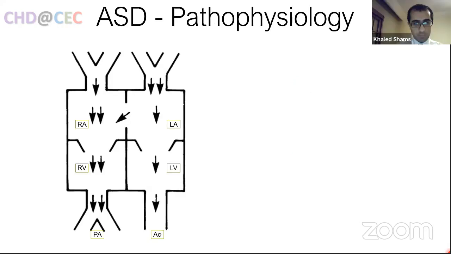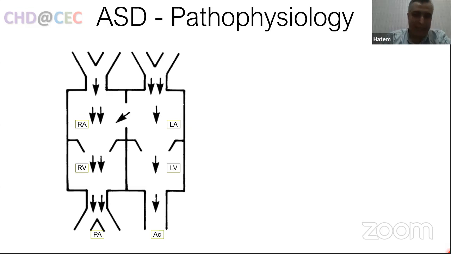So now we talk about ASD, VSD, and PDA, and how the blood actually flows. This is a block diagram from the very nice book Park, which I highly recommend. This is an illustration of a heart that has an ASD.